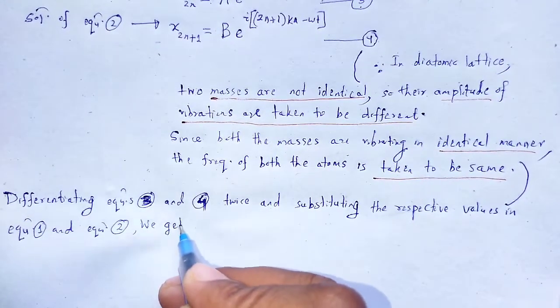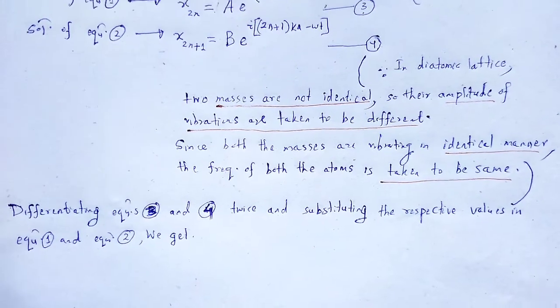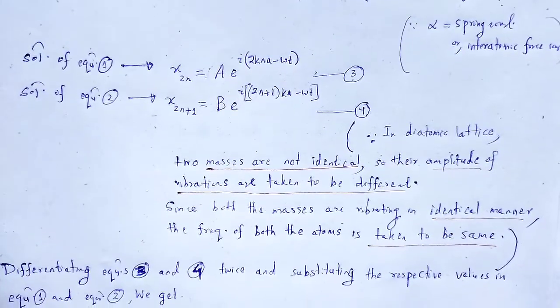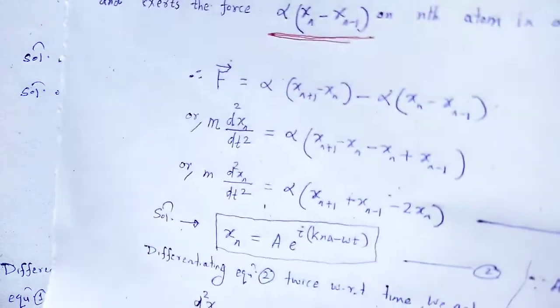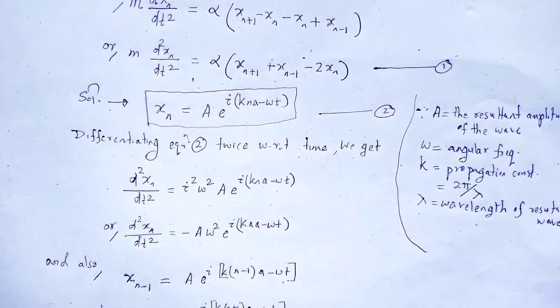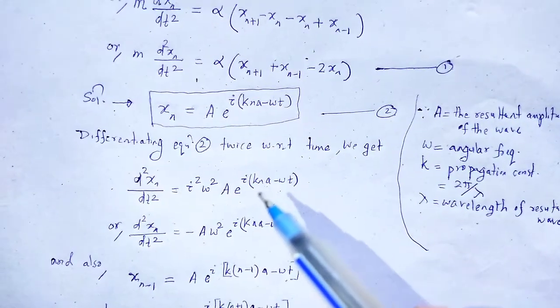We get: here we put these values in a direct manner as we did for the linear monoatomic lattice vibrations. That will be the expression for linear monoatomic lattice vibrations.